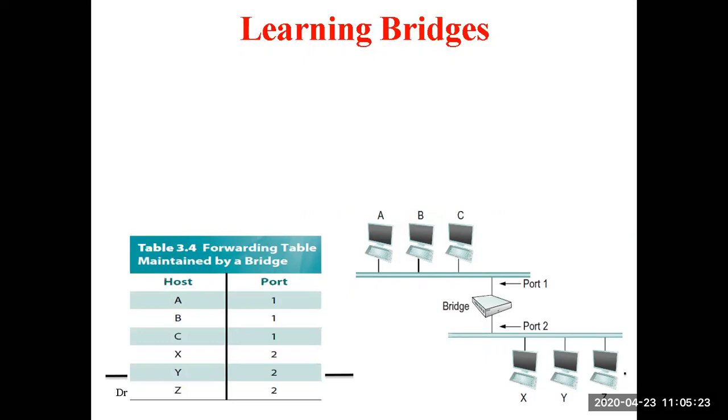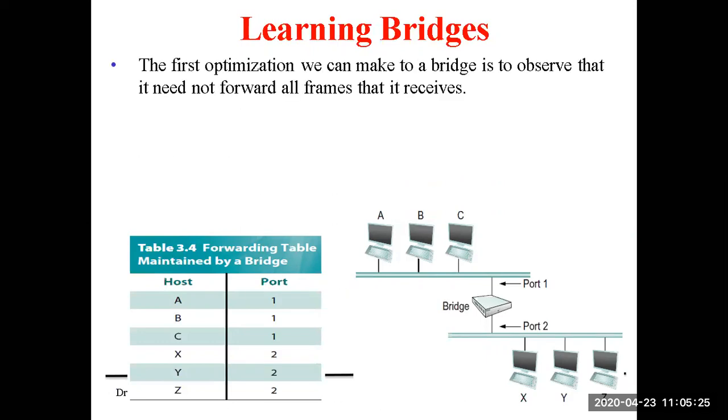That's the biggest question. The first optimization we should make to a bridge is to observe that it need not forward all the frames that it receives. Very important thing. It knows that frames meant for XYZ have to be forwarded from this LAN to that one.